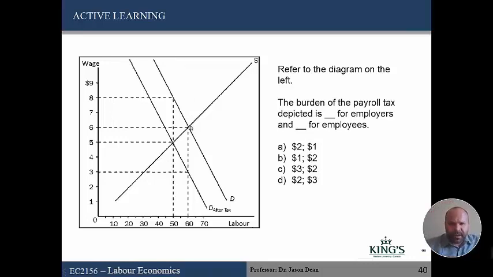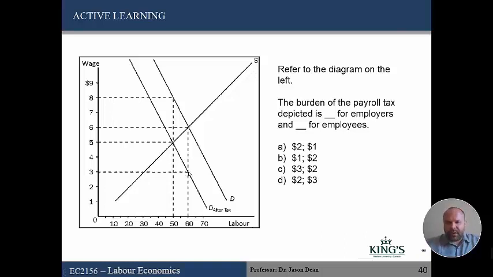Well, let's look at the diagram. This is the initial point. We've got our demand, our supply. So initially, the wage is $6. Okay, now we have this tax, and the tax is paid by the firm. So the demand curve is going to shift down by this amount. This is the amount of the tax, right?